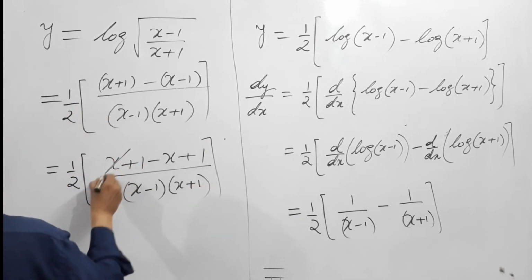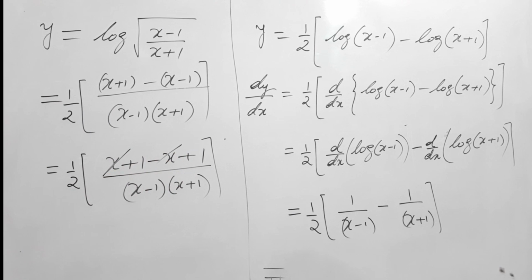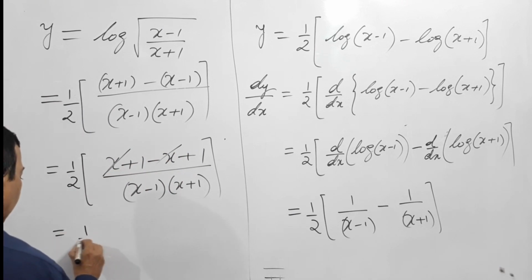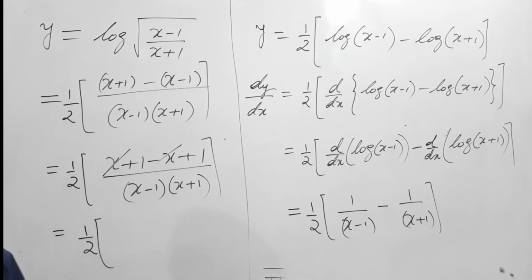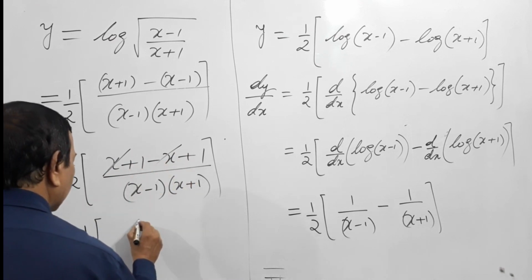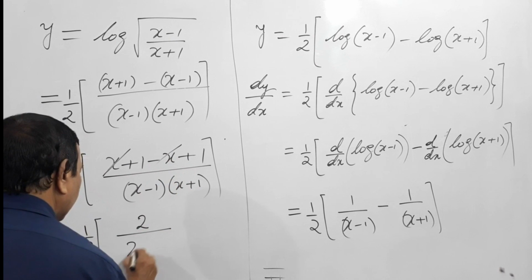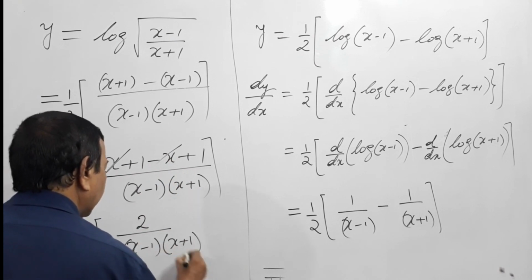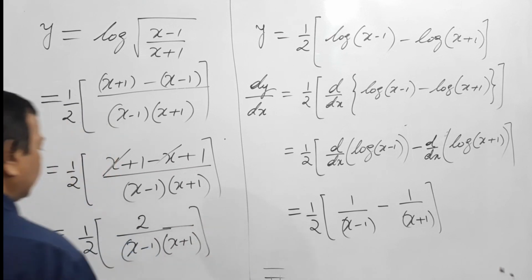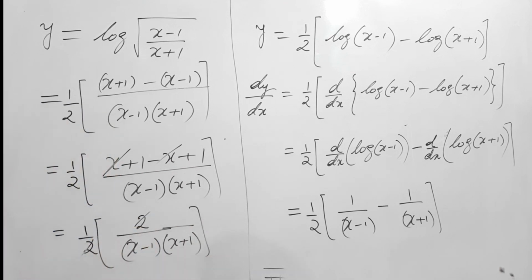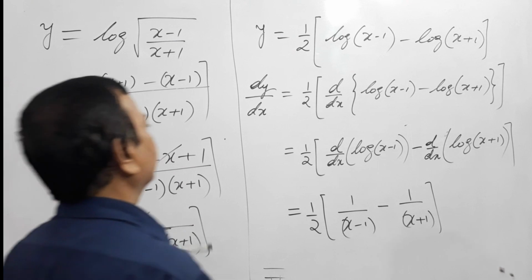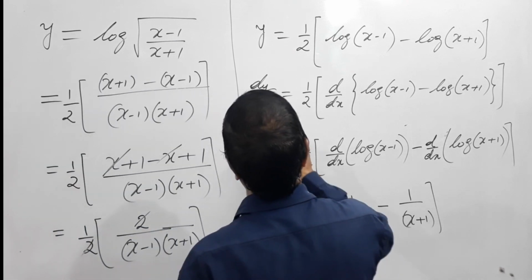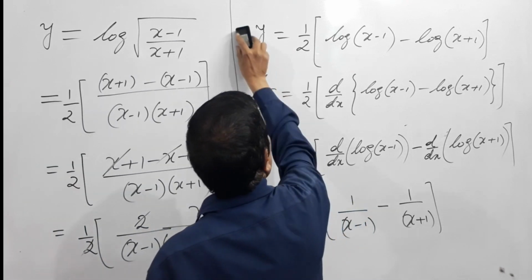So plus x minus x cancels, done. So this becomes what? Half into plus 1, that is 2 by x minus 1 into x plus 1. So this 2 and this 2 cancel.